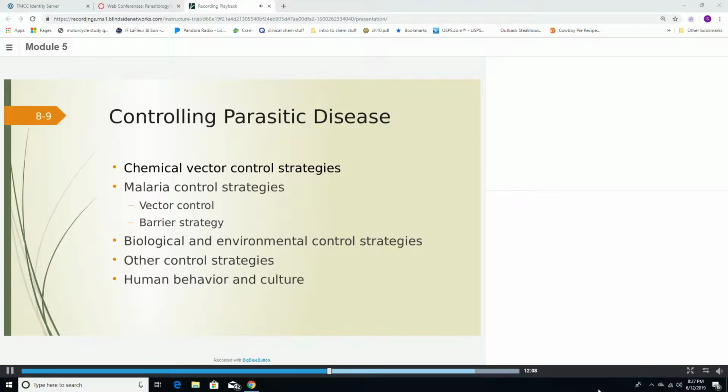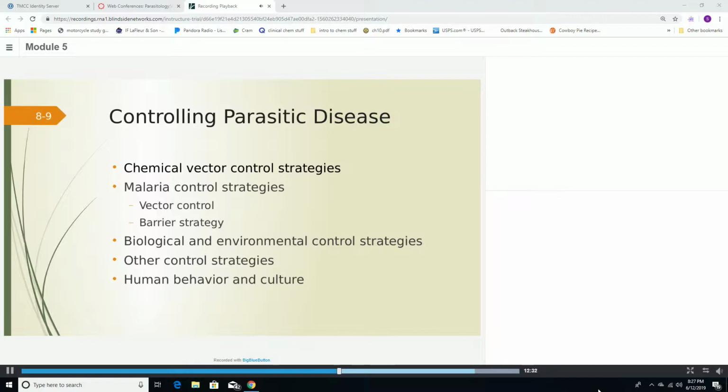With malaria, again, we have vector control, which means we're going to reduce the infected arthropod host populations, and then we're going to reduce human exposure. Some of the ways we reduce the mosquito population are to treat areas and spray to get rid of the mosquitoes.